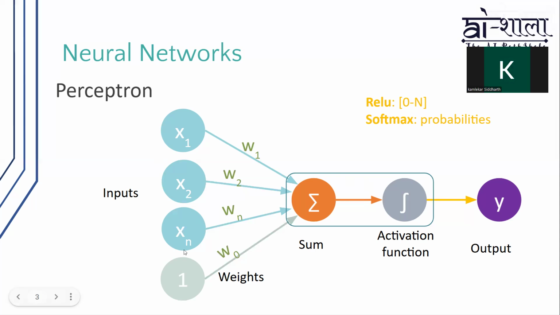And node weights are values assigned to each input. Weight shows the strength of each node. The higher the value, the stronger the influence of the input on the output. And the summation function: the perceptron calculates the weighted sum of its inputs, so x1 into w1 plus x2 into w2 plus xn into wn.